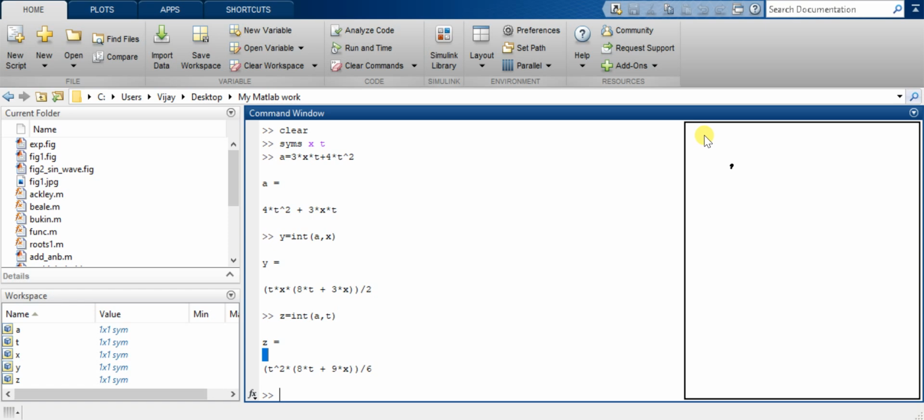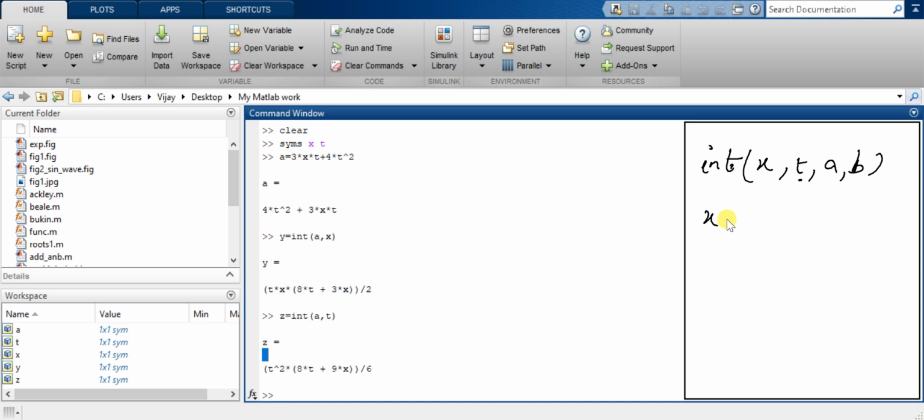Now to perform definite integration, we have to use the command int of x comma variable t comma a comma b, where x is a symbolic expression, a and b are the lower and upper limit of the integration, t is the variable for which integration is to be computed, variable of integration t.